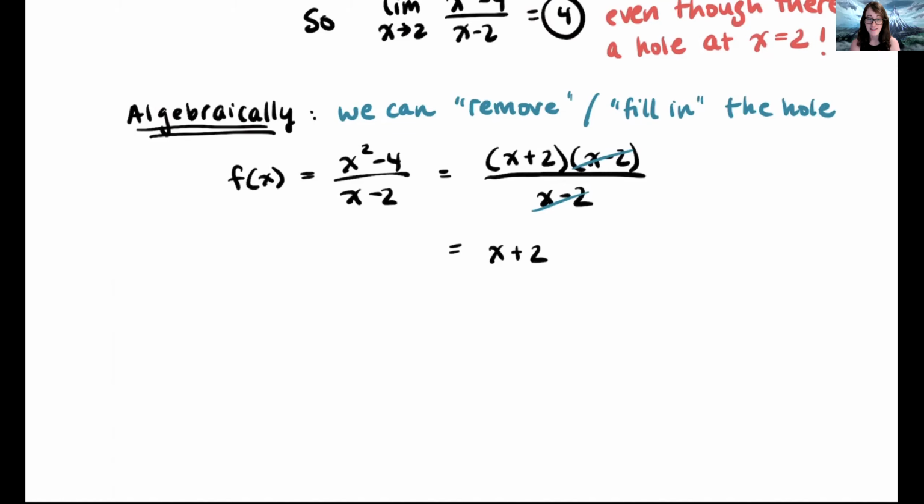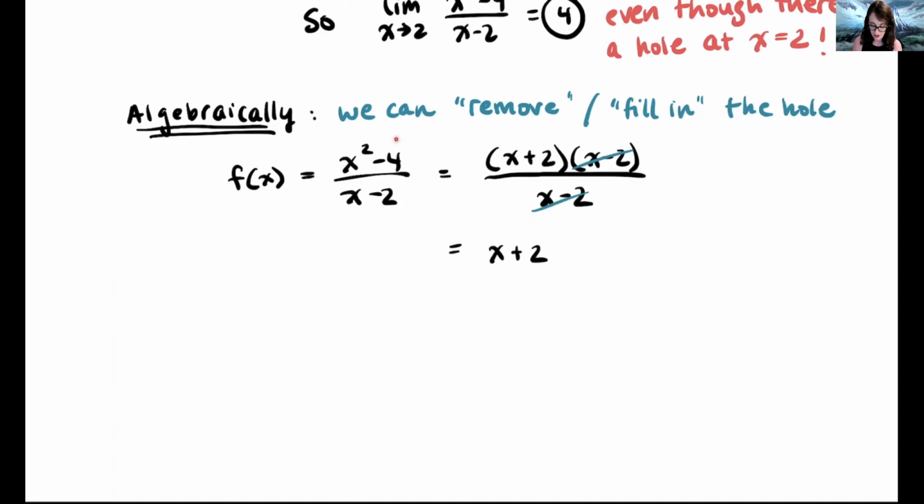And the graph of these are this function here and this function here, right? They're identical except for the fact that there's a hole at x equals 2. Okay, so that's the relationship here.